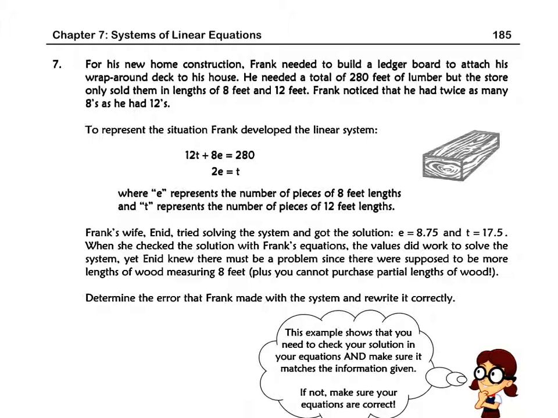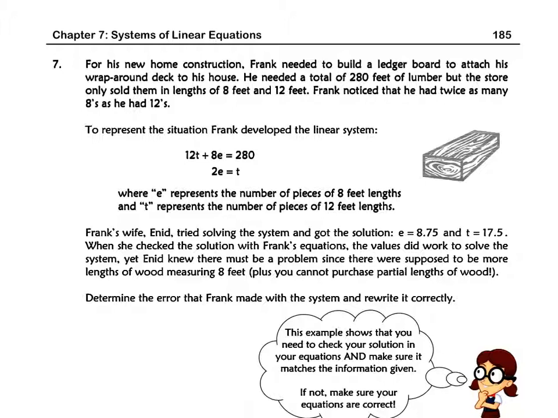Plus, she cannot purchase partial lengths of wood. So she knew that there was something wrong, because he had twice as many 8s as he had 12s, but she got E equaling 8.75 and T equals 17.5, which meant that he had more of the 12 foot lengths.